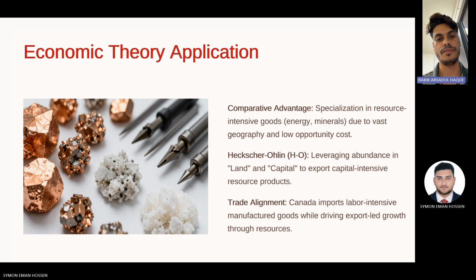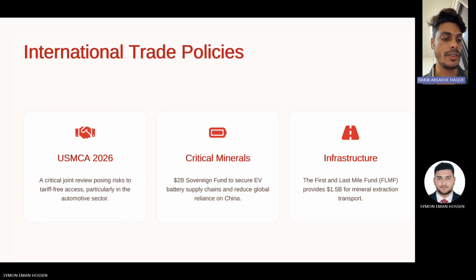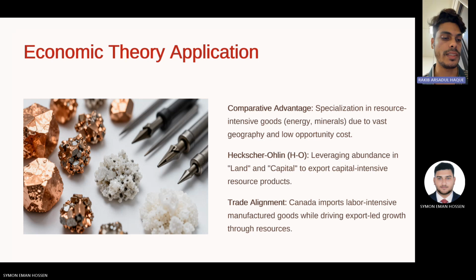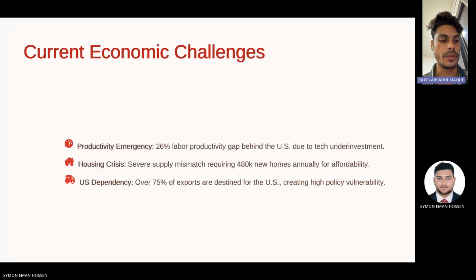Slide 4. Economic theory. Why does Canada trade the way it does? We can explain this using the Heckscher-Ohlin, or HO, model. The HO model suggests that countries will export goods that make intensive use of the abundant factor of production.